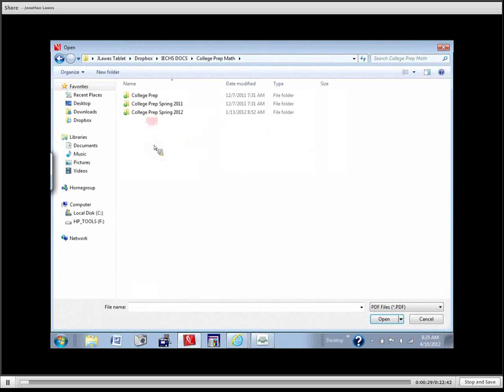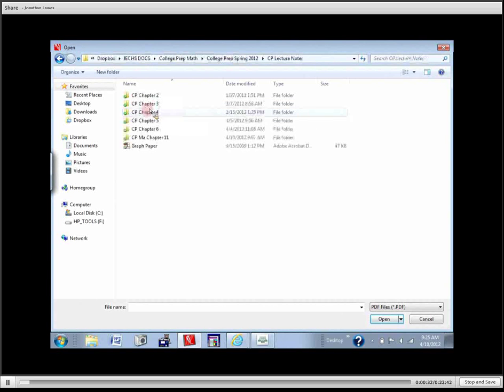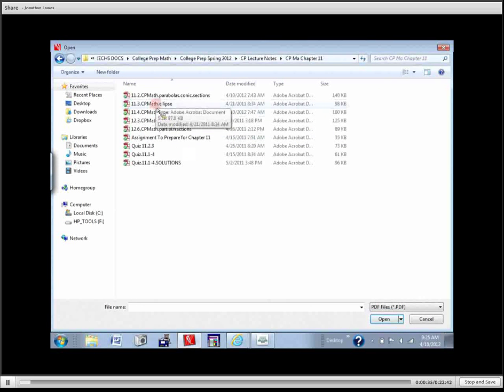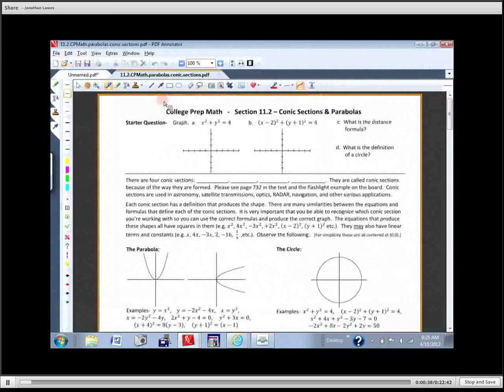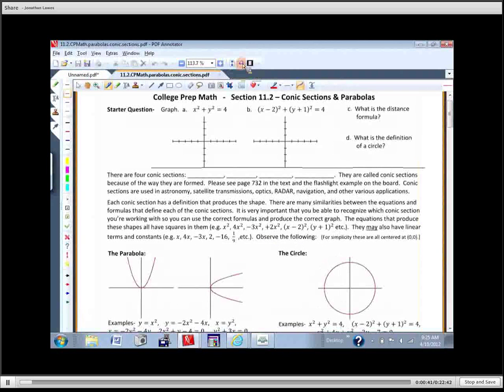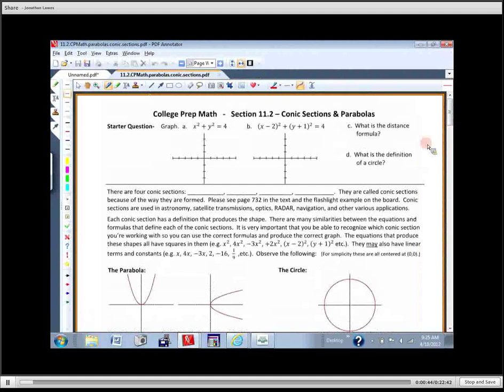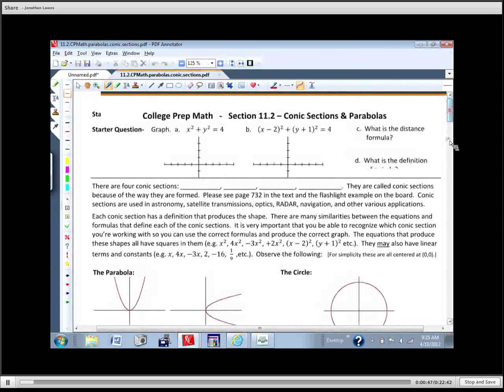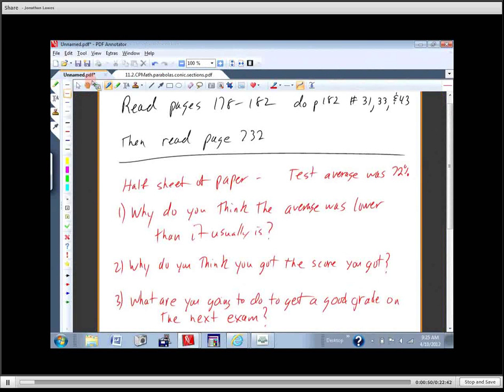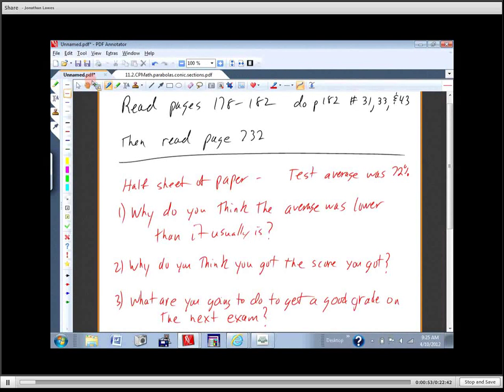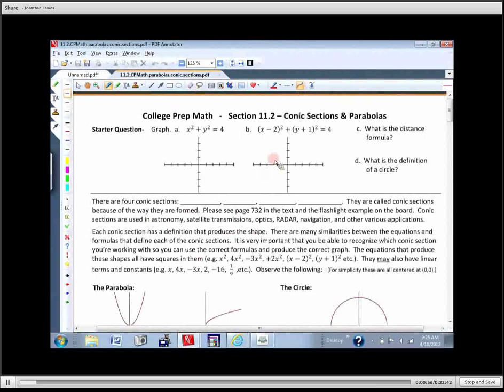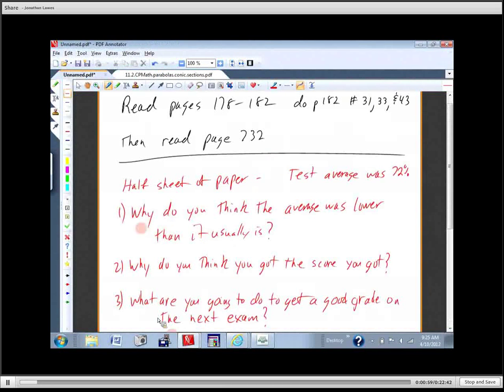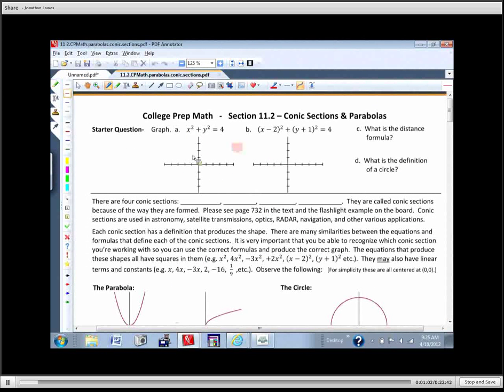And then there's a starter question, if you'd get that out and take a look at that. Once you're done with those three answers and have turned in that half sheet, there's the starter question. There's just an A and a B. Shouldn't be too bad. And then as far as graphing goes, and then there's a question about the distance formula and what's the definition of a circle, since you just got done reading that.